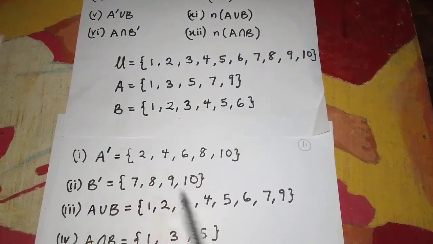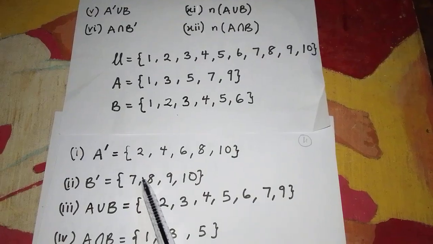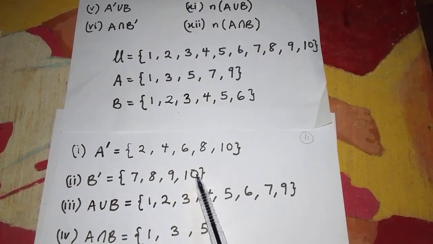So the elements of B complement will now be 7, 8, 9, and 10.